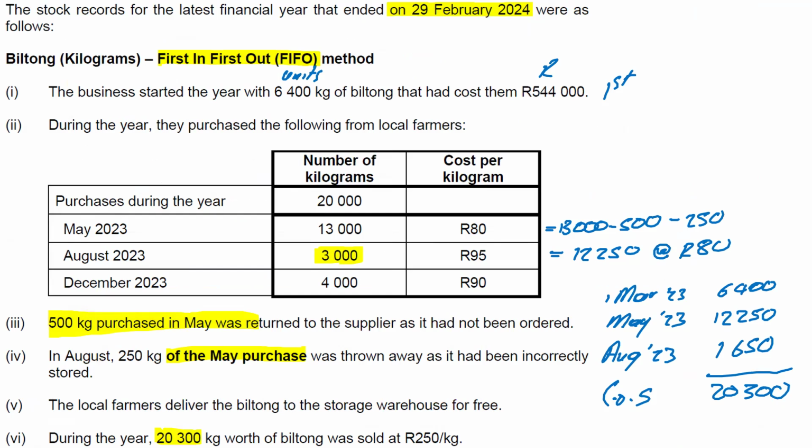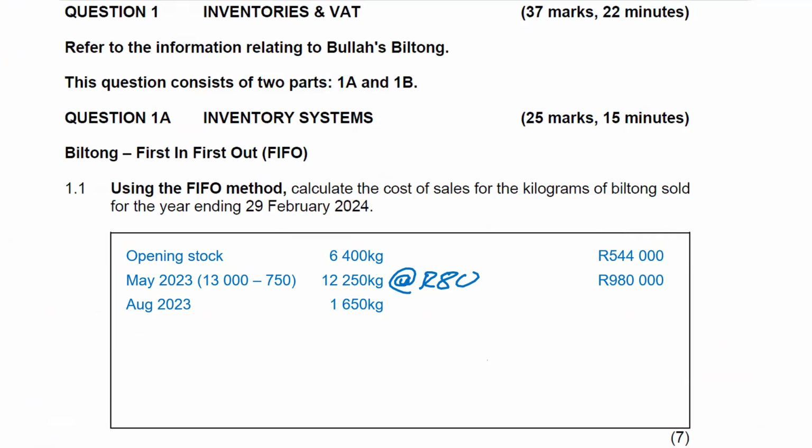It was 95 rand per kg. So this one will be at 95 rand per kg, which will give us the cost price of 157,750.